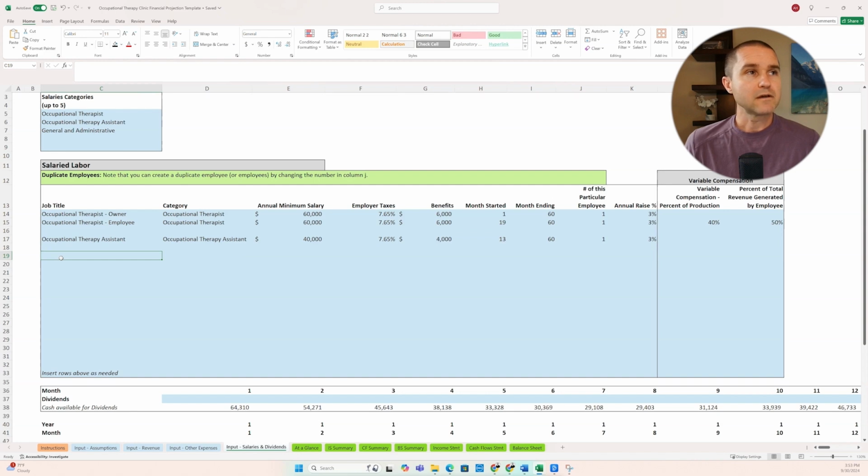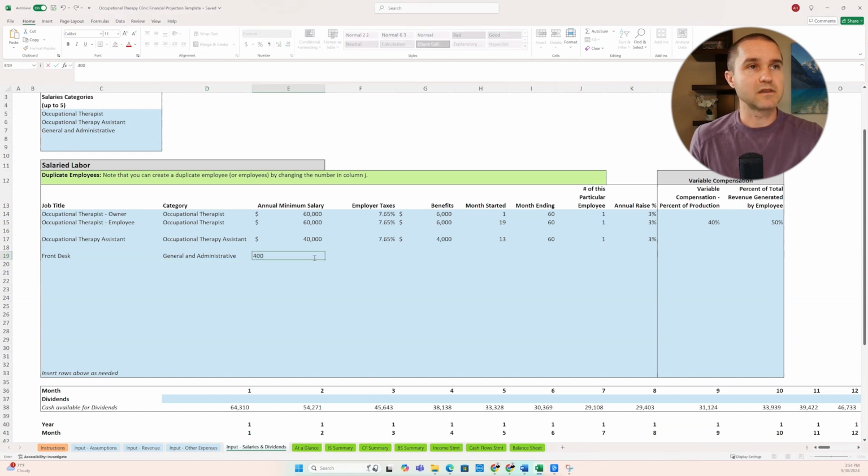And then you could consider maybe we need a front desk worker. It kind of depends on whether you want to spend that or not, or whether you think that's necessary for your practice. But let's say you have a front desk staff and let's just stick with the same assumptions here.